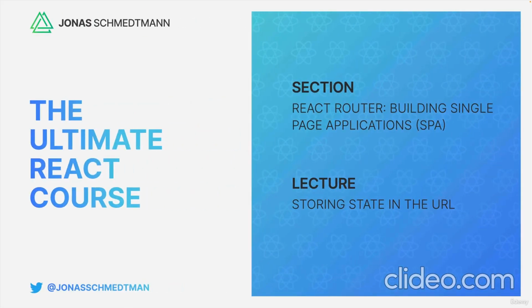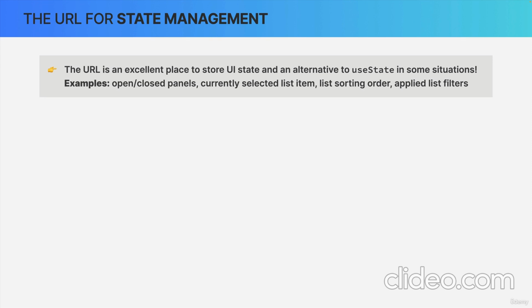Now it's time to take the usefulness of React Router to the next level by actually storing state in the URL so that we can use it in different places of the application. But you might be wondering, storing state in the URL, don't we actually use the useState hook to manage state? Well, that's true most of the time, but the URL is actually also an excellent place to store state, and especially UI state.